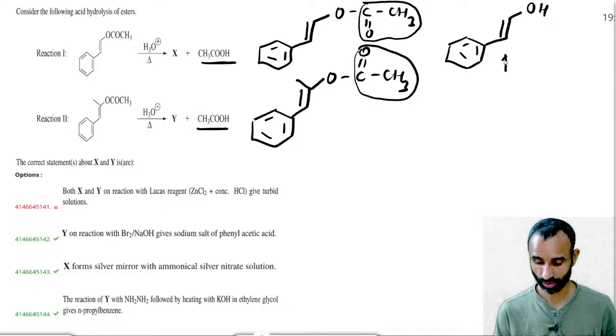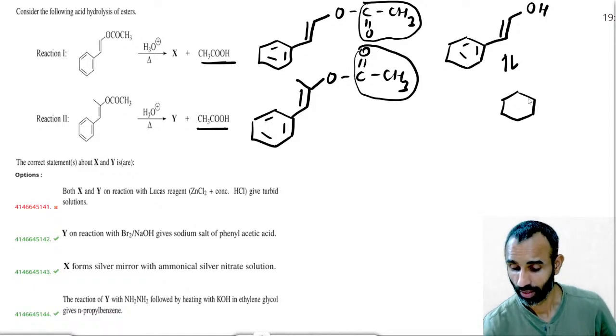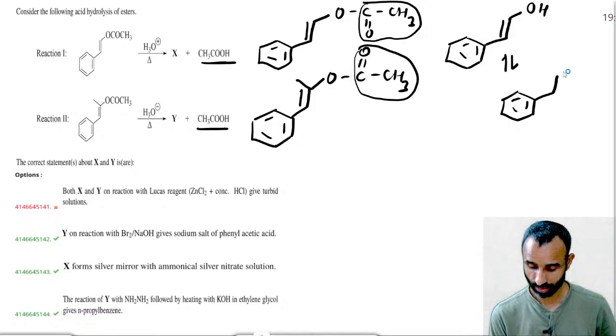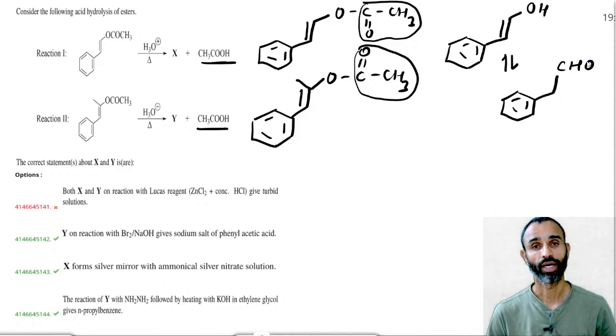So tautomerism takes place, and keto is the major product. CHO, aldehyde is formed.